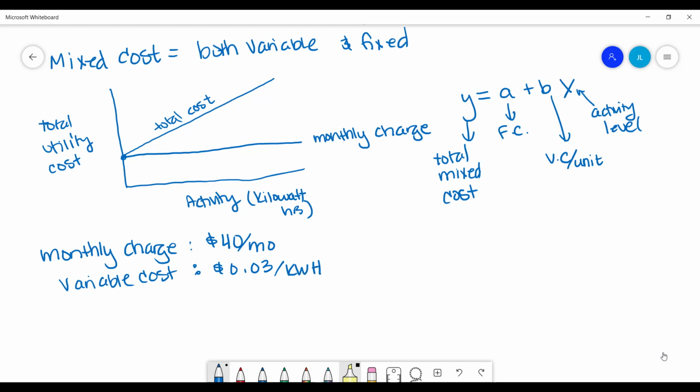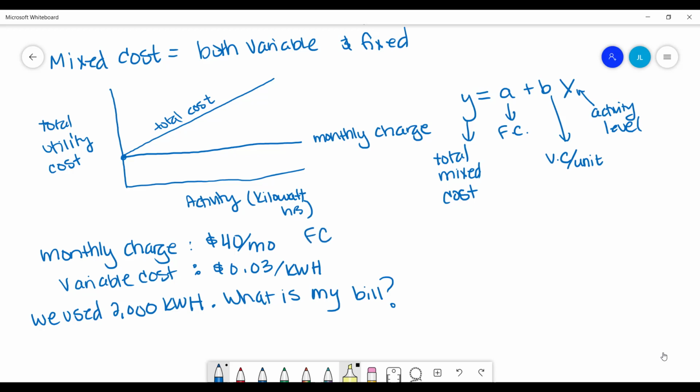Okay, so for this example, let's say we used 2,000 kilowatt hours. Okay, what is my total bill? Okay, because my bill is made up of both fixed elements and variable elements.